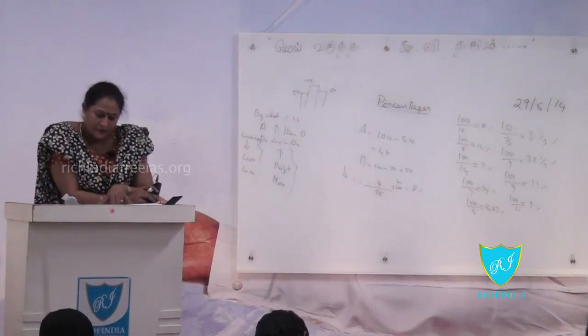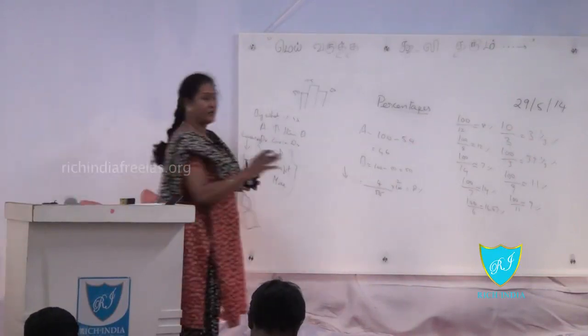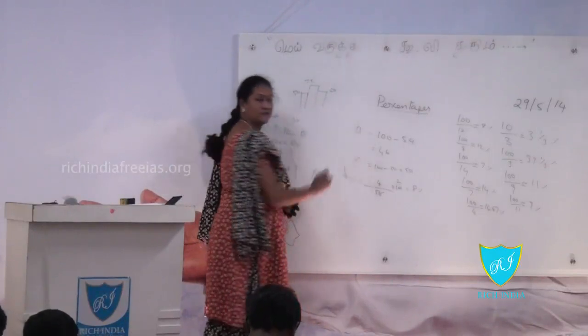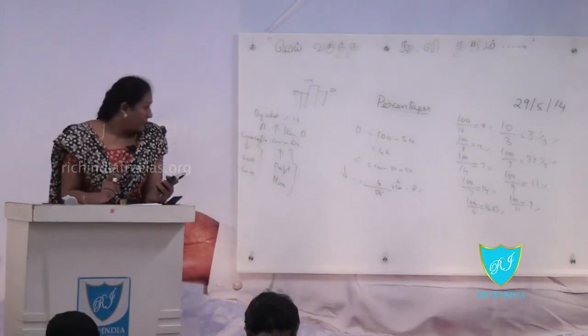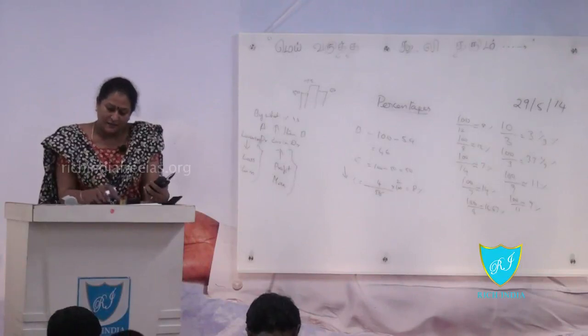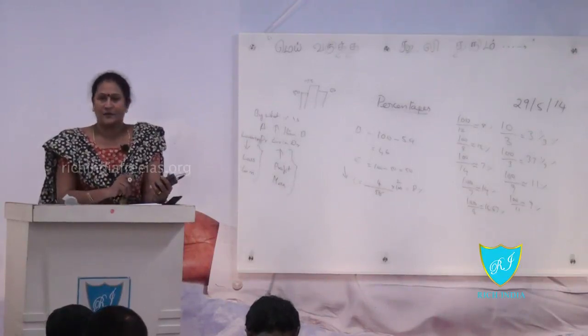B had 54% less than C. That is B and C, and with A they are comparing. So A is 960 and B is 54% less than C, and C is 50 less than A, and you are asked to find this percentage.